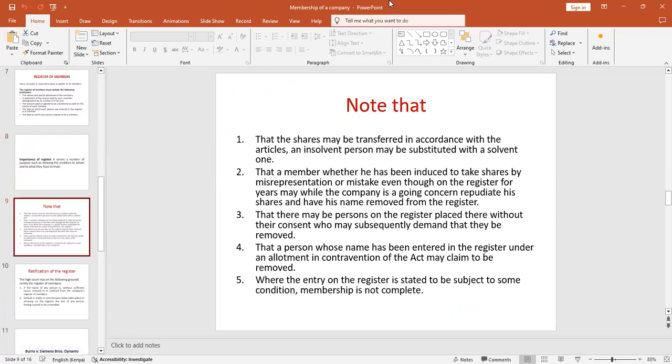Number one here, the shares. When you purchase shares as a member, the shares may be transferred in accordance with the articles of association. So just because they're your shares doesn't mean that if you transfer them, the other person automatically becomes a member. It may not really be that. So in a company, the articles of association will determine a lot of things.